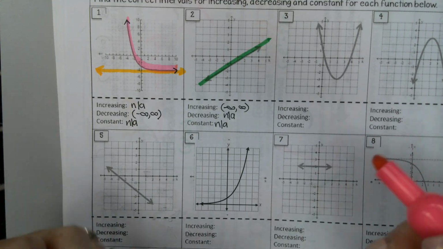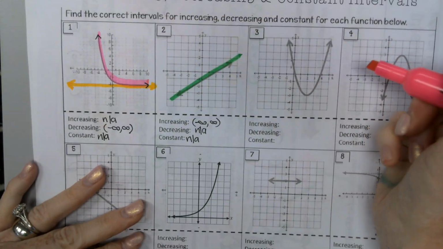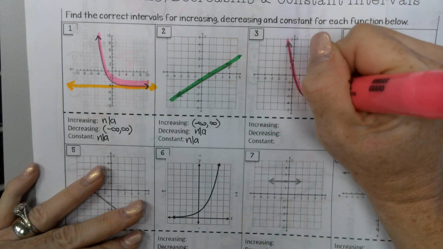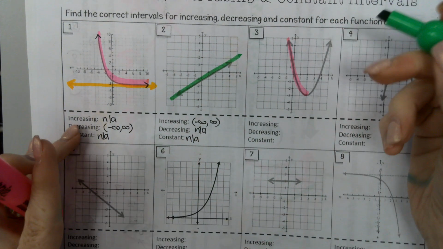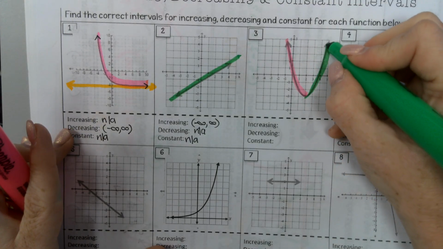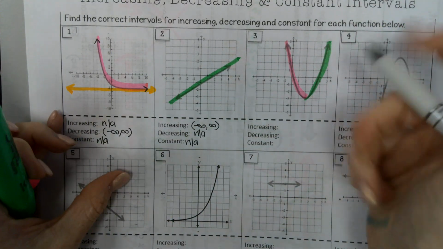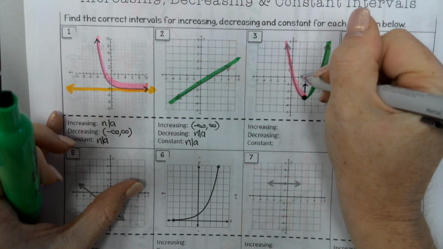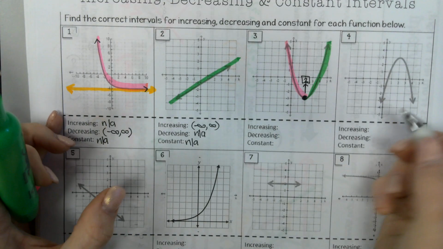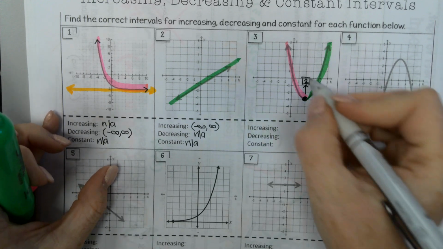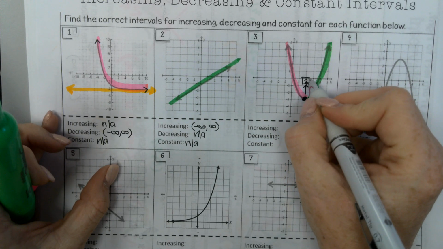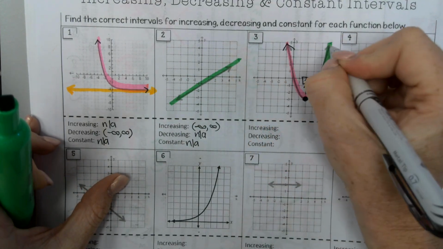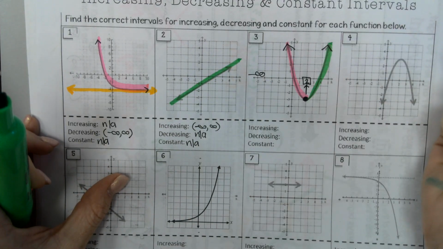All right, here we go. This is a parabola. A parabola has an interval of increase and decrease. That change happens at your vertex, which happens at the x value of 2, okay? Now keep in mind, I'm writing that down because that from left to right is where the change happens. My graph is coming from negative infinity.